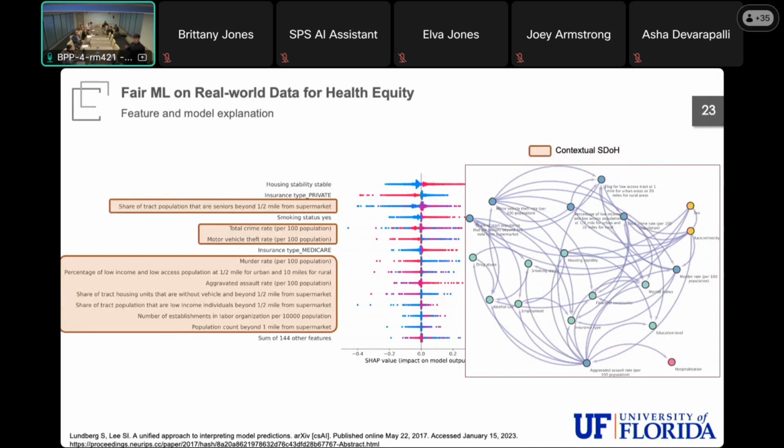So this finding is consistent with what we see in the SHAP value, which means that housing stability has high correlation to the hospitalization outcomes, but it is also influenced by some contextual level SDOH, like the aggregate assault rate.